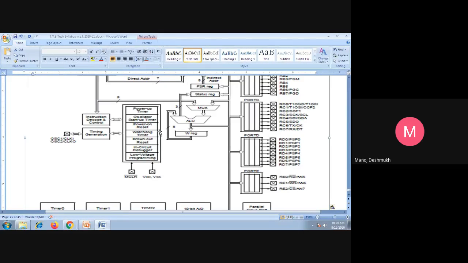आफ्टर दॅट वॉचडॉग टायमर. सो हिअर द वर्ड वॉच अँड डॉग. So the function of dog is always watching some task or something. So here we consider that if we want to monitor some bits, some status of registers or some specific block, peripherals, in that case we will go with the watchdog timer.